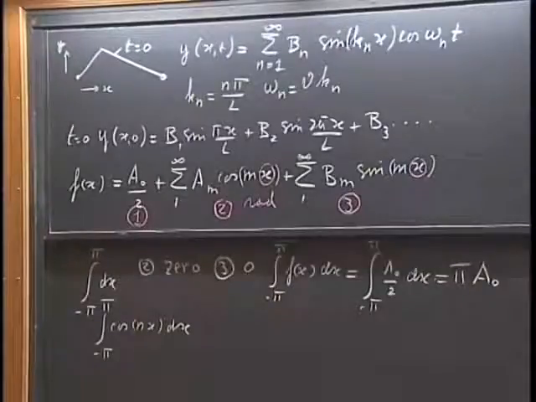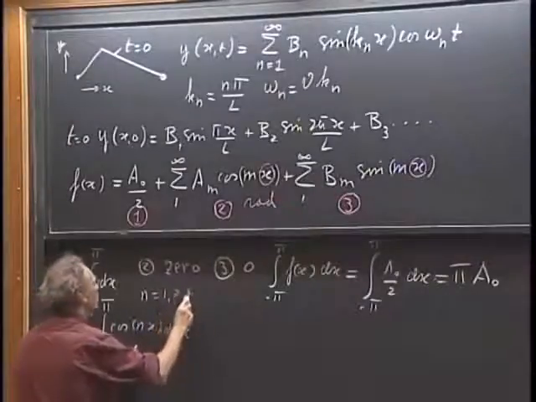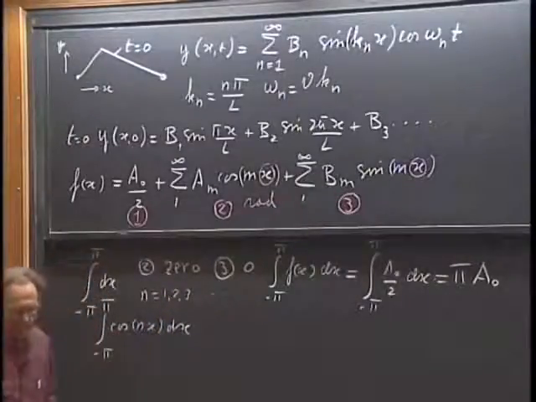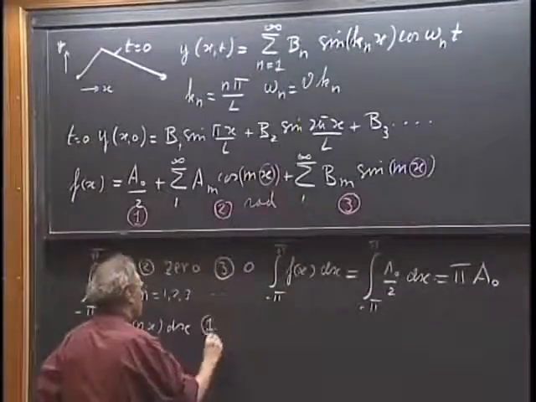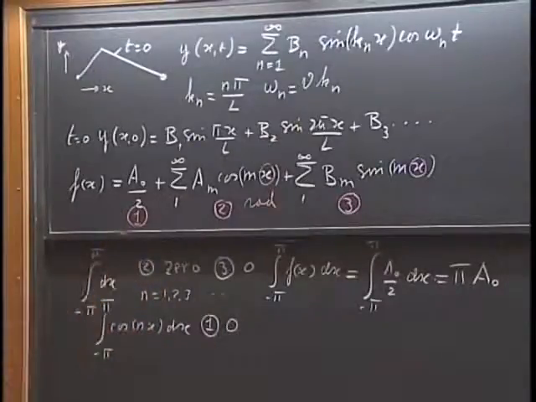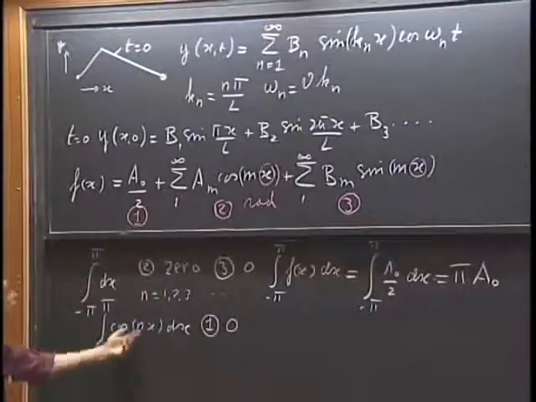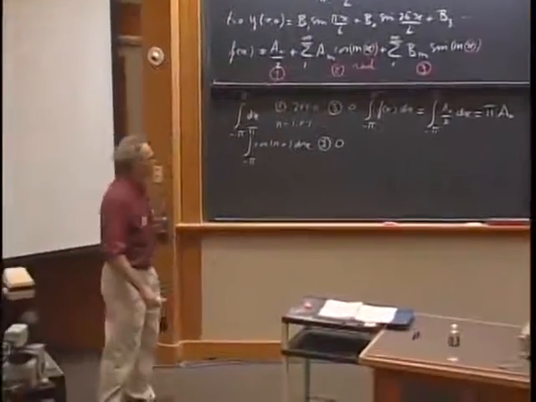You do it on the left side, and you do it on the right side. And n now is 1, 2, 3, and so on. When you do that, you will see that this term is going to be 0. That's immediately obvious. You do an integral over a cosine function times a constant, you get 0. So the first one, you don't worry about.